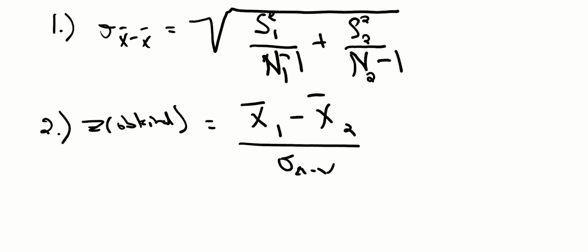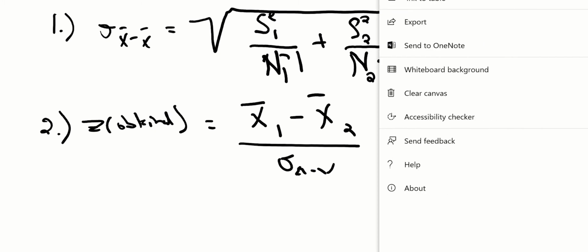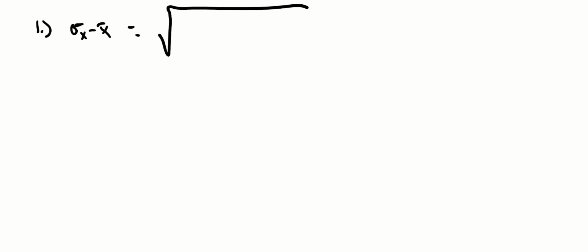Let's plug in what we got in this first example. Let's use the first step, the pooled standard error. We know that the standard deviation of the first sample is 1.3.